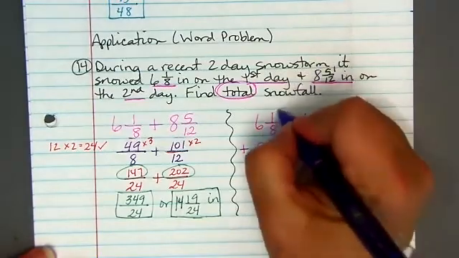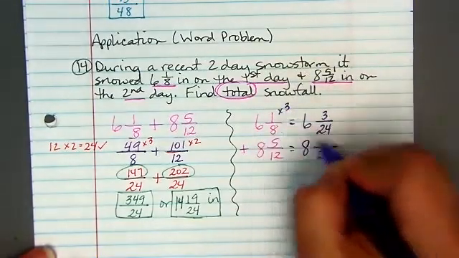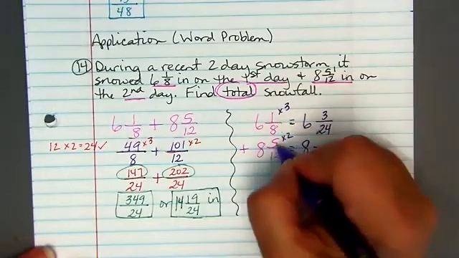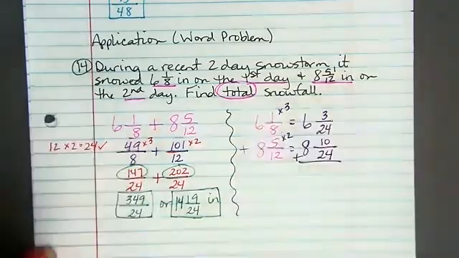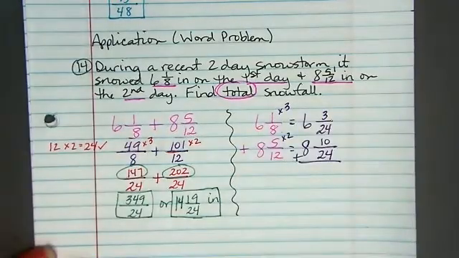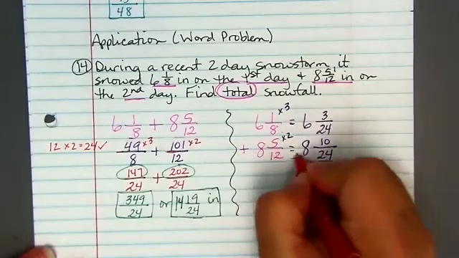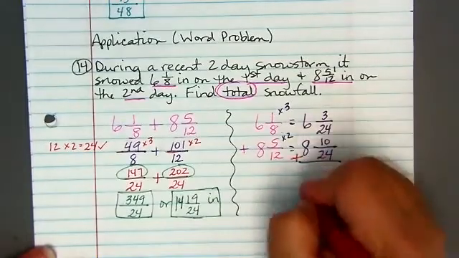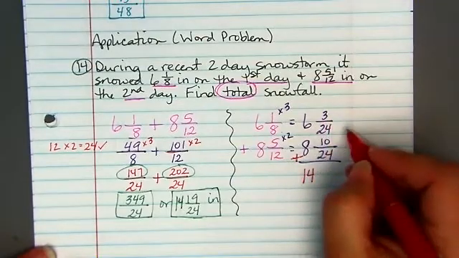8 goes into 24 3 times, so I have 3 here. 12 goes into 24 2 times, so do times 2. 5 times 2 is 10. Now I'm going to add these two together. So my next step here is going to be to add. 6 plus 8 is 14. 3 plus, did I write that correctly?